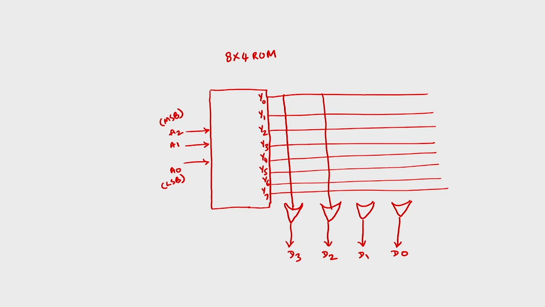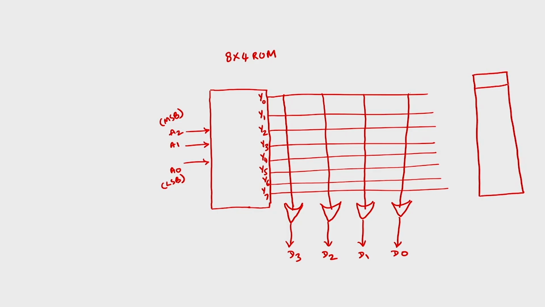Depending upon the data which is to be stored in each location, we will keep the fuse intact or blown. Suppose I want to store data in 8 locations. These are the 8 locations.